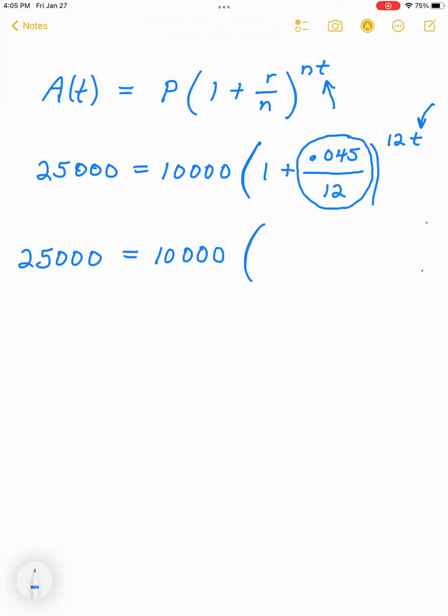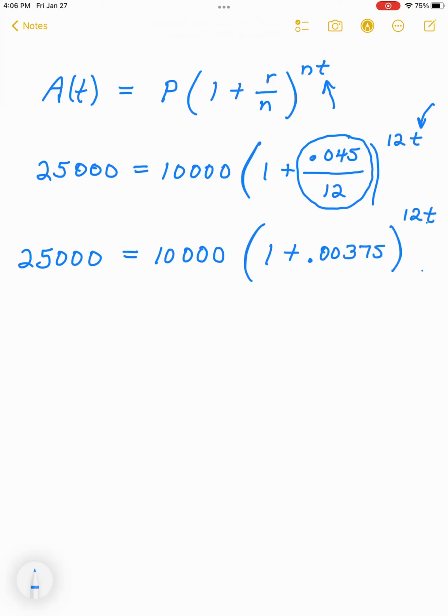So let's do 0.045 divided by 12, and then I just hit enter. That fraction is 0.00375.